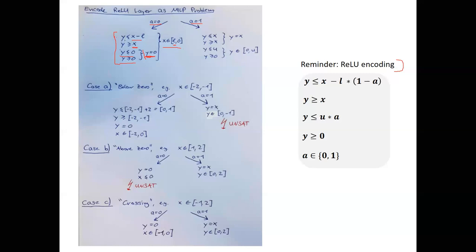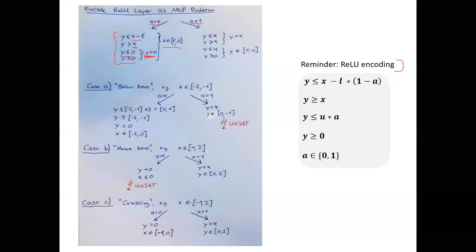So this linear programming instance would be unsatisfiable, and there is no need to explore it further in the solving. So this only makes sense if L is less than or equal to 0, so if L is negative, or not positive.